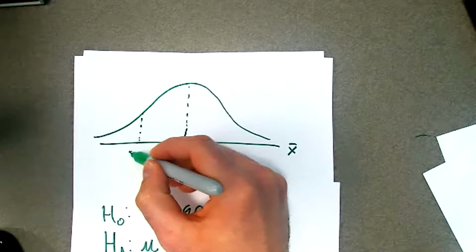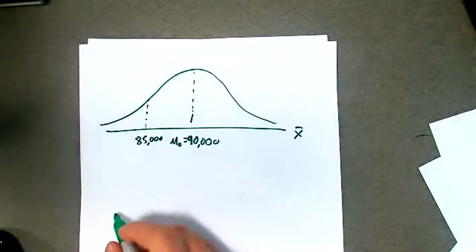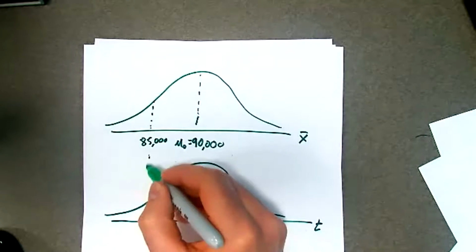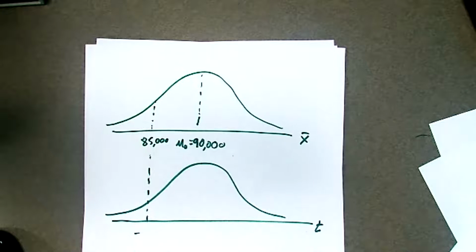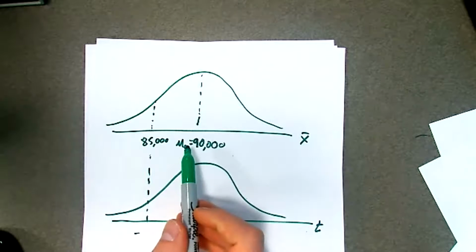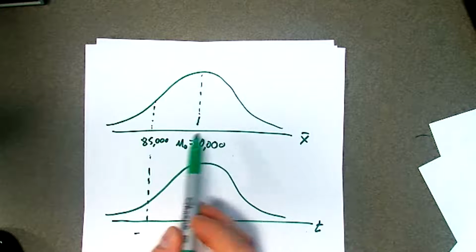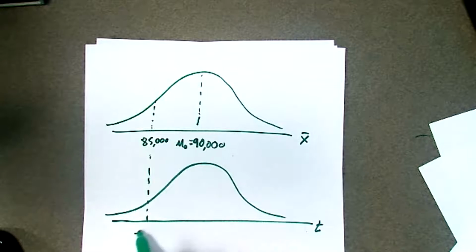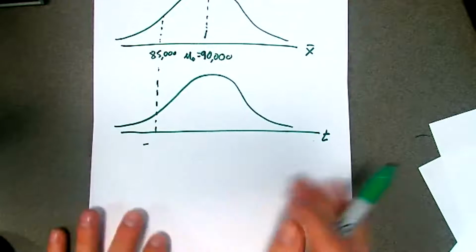I then found a sample mean of 85,000. When I convert this to my T statistic, I saw something below the mean, so I should have a negative test statistic. That test statistic is still a Z or a T value, telling me how many standard deviations away from that assumed true mean I am. If I see a sample mean below that assumed true mean, I'm a certain number of standard deviations below, or negative. Now, how do I actually find what the value is?